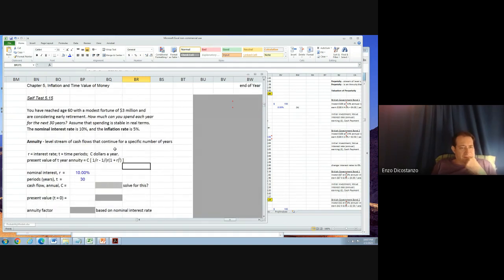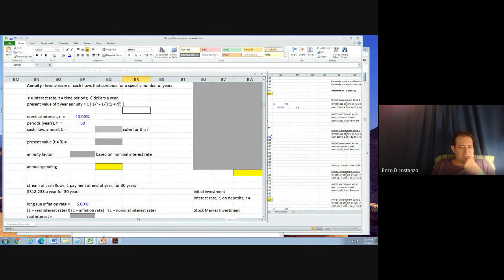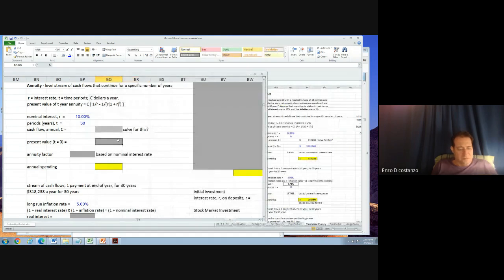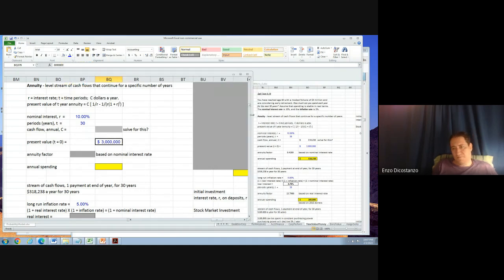Okay, so let's see. I have 3 million, you start with that amount. And the factor, nominally doing it, equals parenthesis 1 divided by R, 1 divided by R again, and then we'll do 30 years with this.